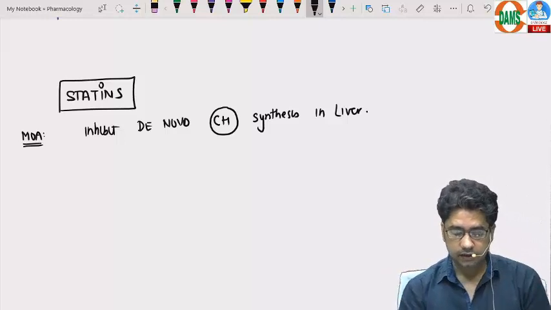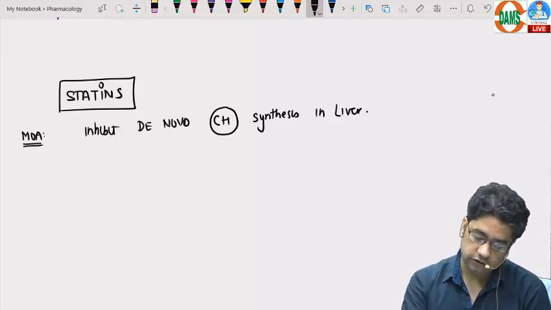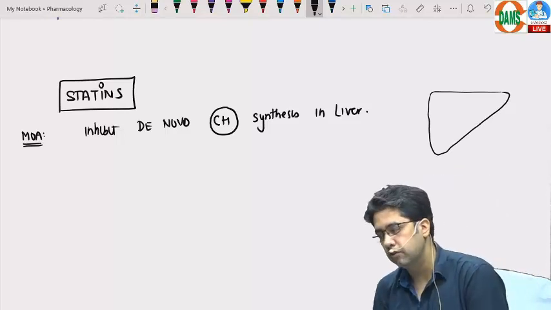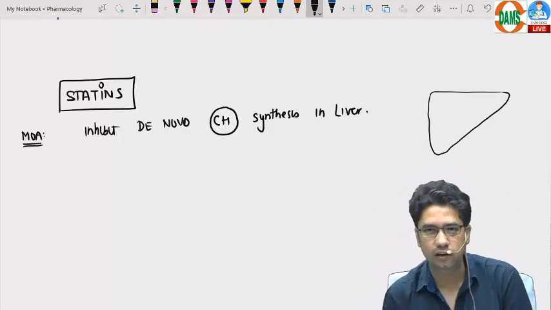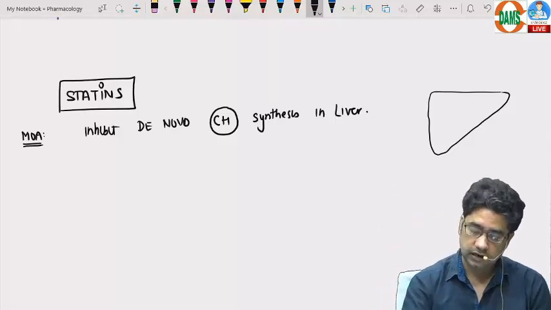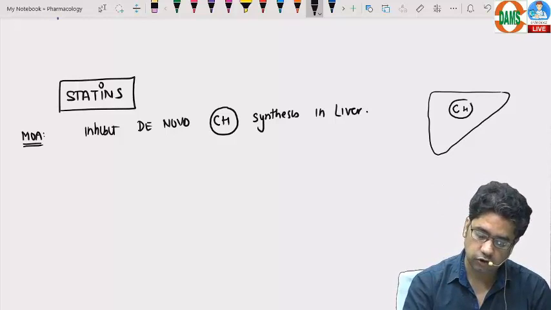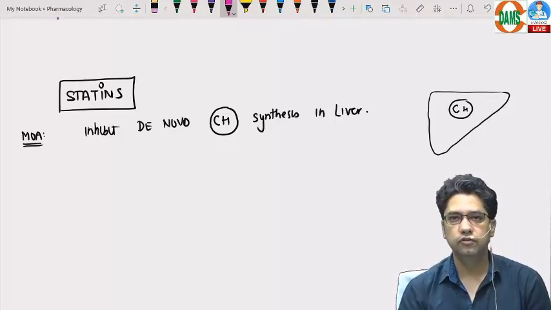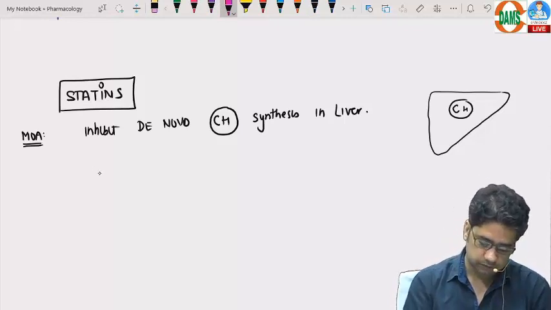Remember, the source of cholesterol is not just pizza or diet only. Liver itself can also synthesize cholesterol. How? Liver synthesizes cholesterol with the help of an enzyme. I'll tell you.